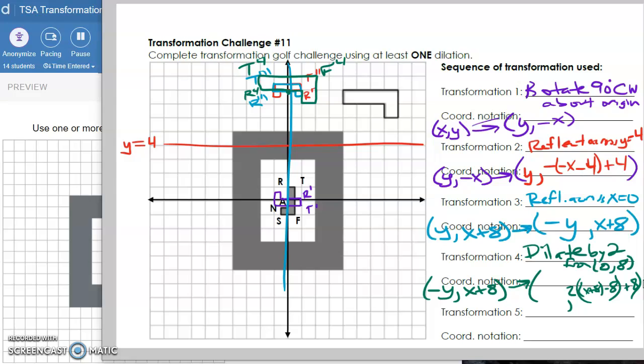Because if I just doubled it, you saw it went off my page. So now my y is already on the axis. I should just be able to double, or I'm sorry, my x coordinate, it's the negative y here. My x coordinate should just be double the previous x coordinate, negative y.